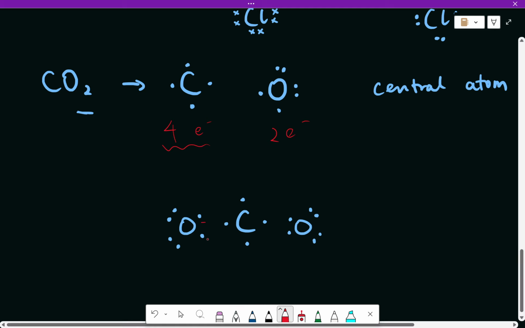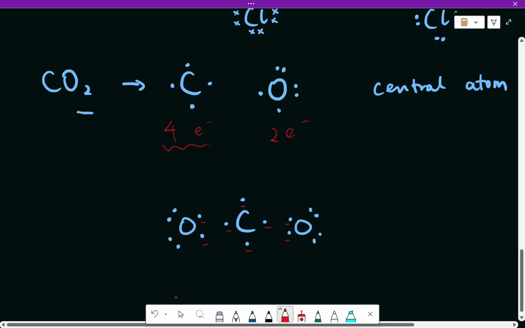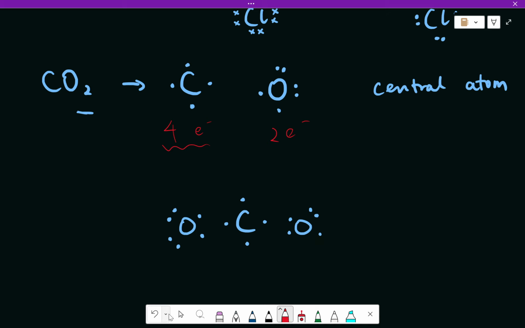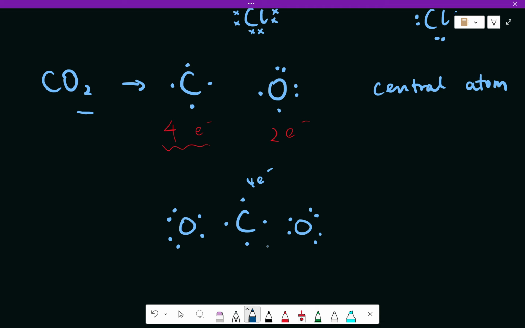So we have these 2 for oxygen that are actually participating in the bonding process, and these 4 for carbon. So ideally, carbon would need another 4 electrons to achieve the octet rule.